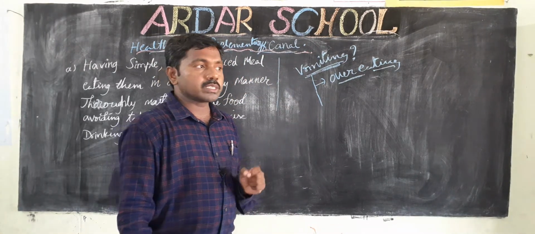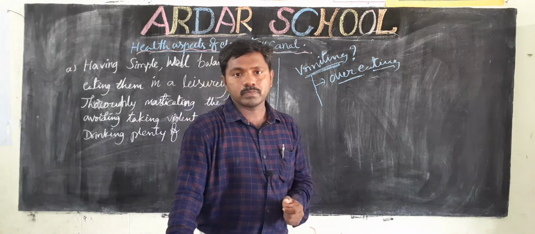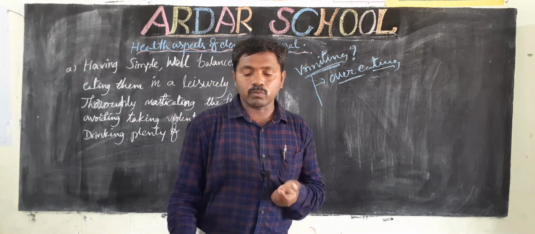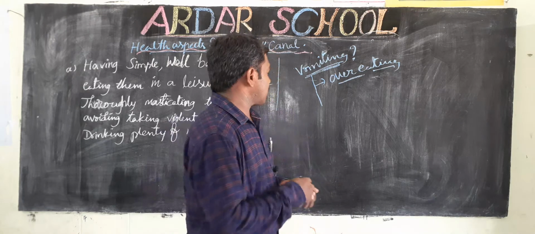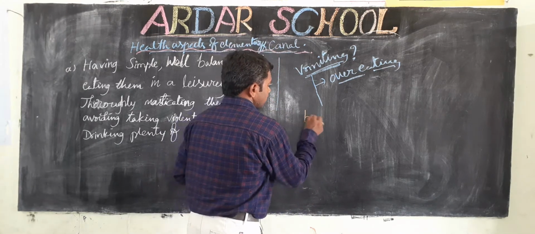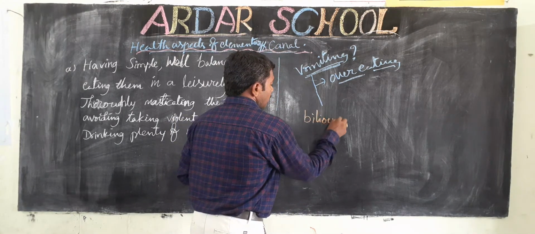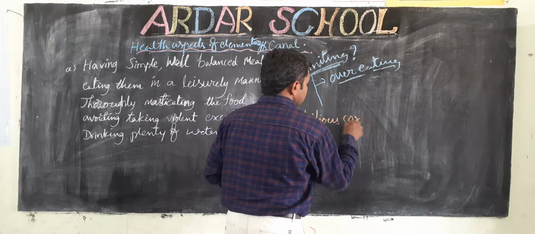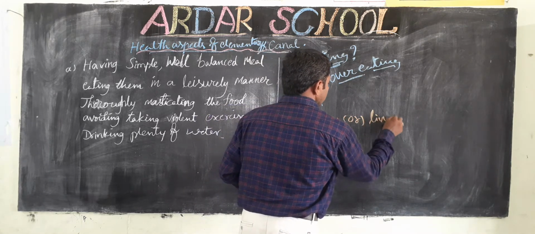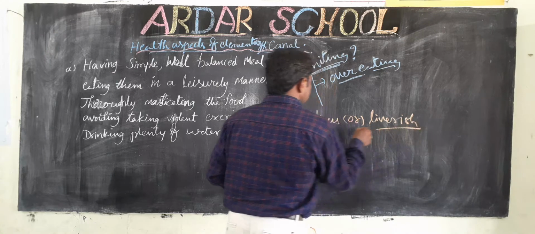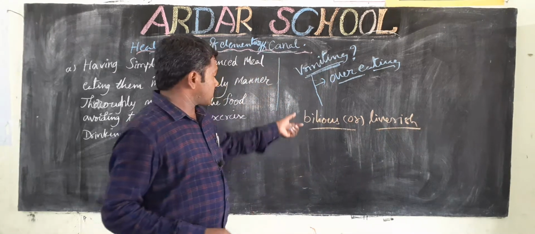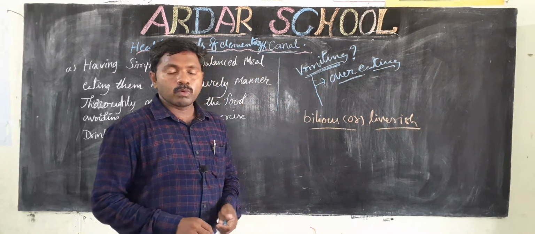Sometimes we have greenish vomiting. Greenish vomiting is called bilious or liverish. What is the reason?